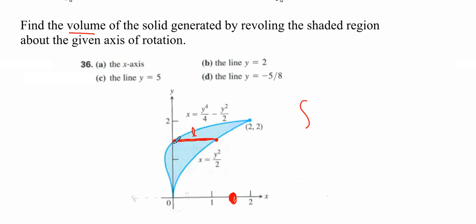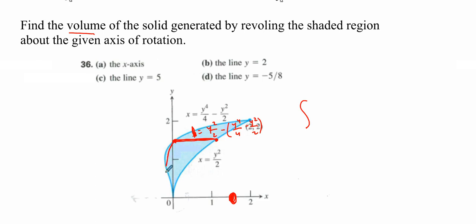We take this length, which is the height of our shell, and that's going to be y squared over 2 minus the quantity y to the 4th over 4 minus y squared over 2. That's going to be that length right there.